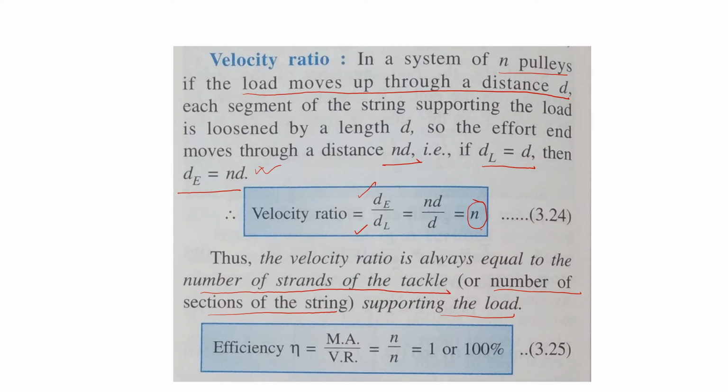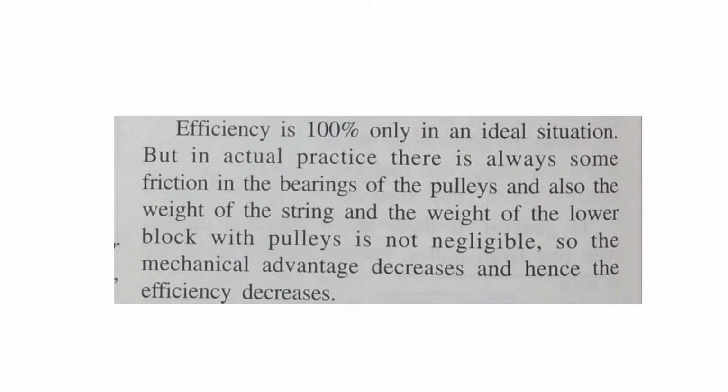Am I clear? So efficiency is equal to MA by VR, mechanical advantage by velocity ratio. Now mechanical advantage we are getting n, and velocity ratio we are also getting n. So it is equal to 1 or 100%. Efficiency is 100% only in an ideal situation.